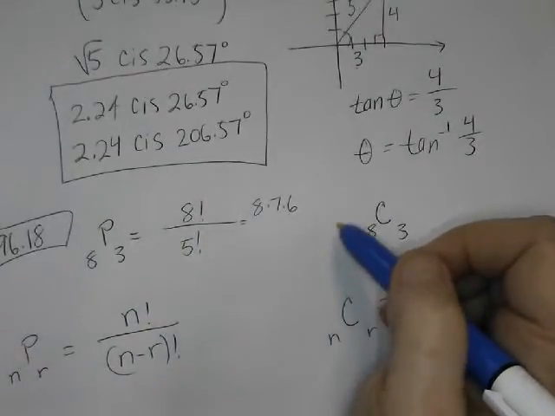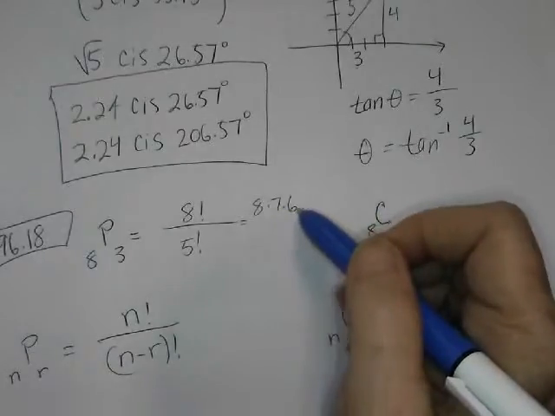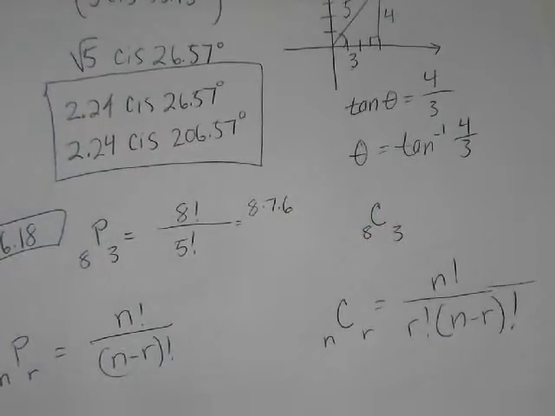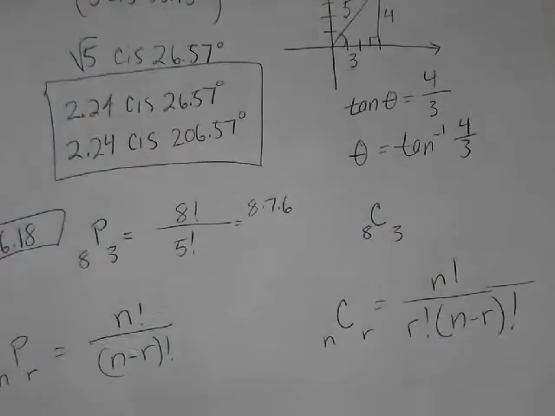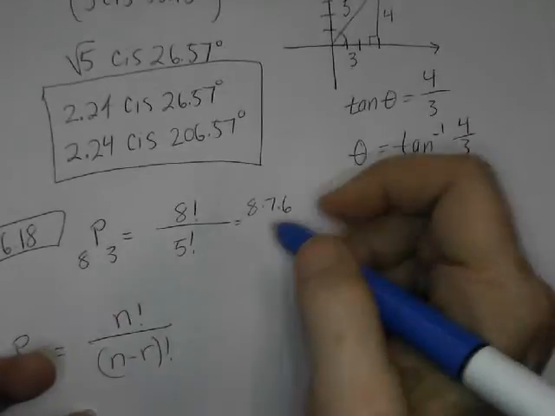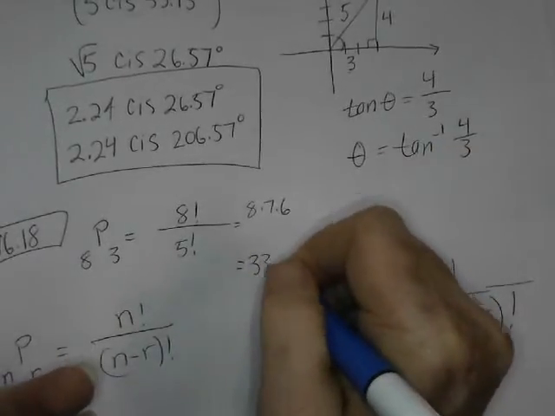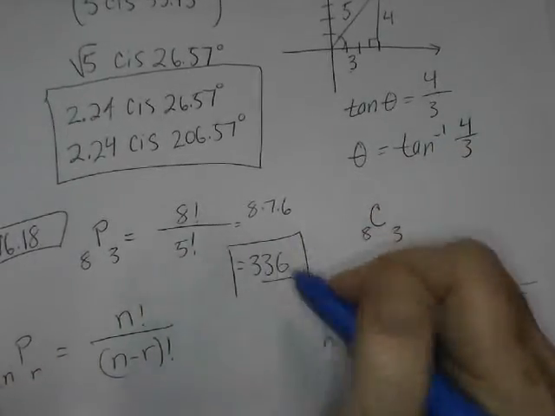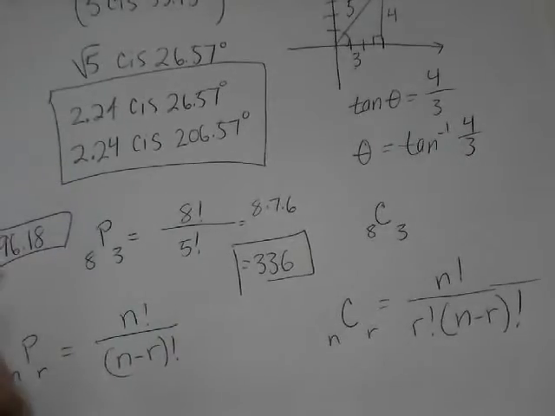So really it's just 8 times 7 times 6. My calculator says that 8 times 7 times 6 is 336. So there's your answer for number 18 for the permutations.